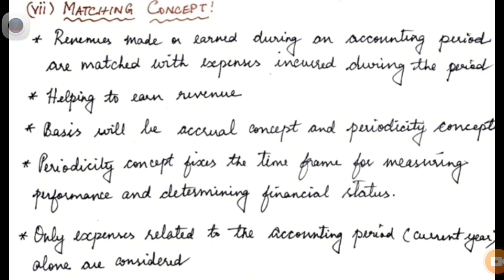And not only that, by preparation of the balance sheet, the financial soundness or the financial position of the business can be ascertained. So we can say only expenses related to the accounting period, that is the current year alone, will be considered. About the accrual concept we will be discussing in our further classes.